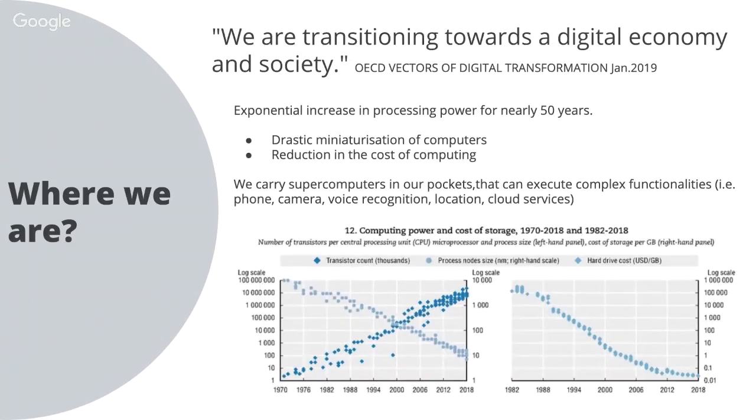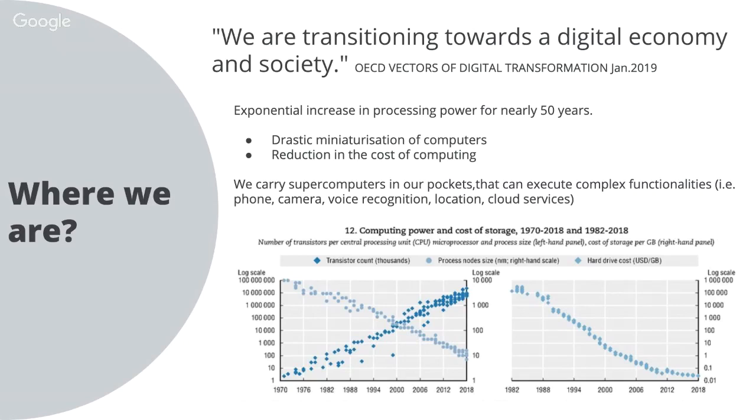So first, the exponential increase in processing power in all of the devices that we have at our hands is reducing the size of the computers and, on the other hand, reducing the cost of computing. So we are carrying supercomputers in our pockets that can execute a lot of functionalities, from phone, camera, voice recognition, location, to cloud services.